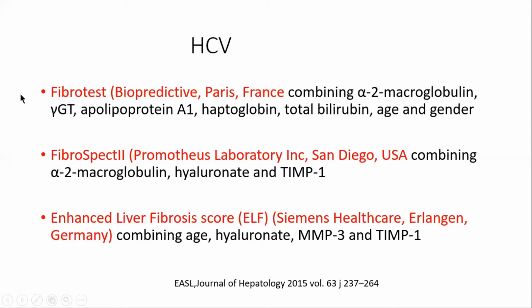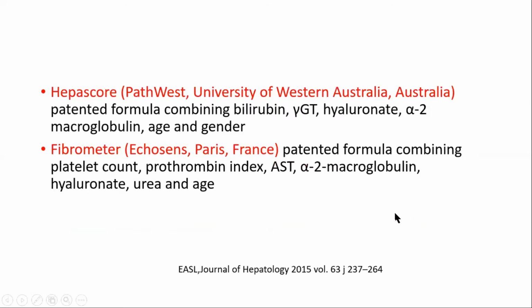For hepatitis C virus, this red color shows the patented formula. Those include FibroTest, combining alpha 2 macroglobulin, gamma glutamyl transferase, apolipoprotein A1, haptoglobin, total bilirubin, age and gender; FibroSpect, which combines alpha 2 macroglobulin, hyaluronate, tissue inhibitor of metalloproteinase 1; and enhanced liver fibrosis score or ELF, combining age, hyaluronate, matrix metalloproteinase type 3, and tissue inhibitor of metalloproteinase type 1.